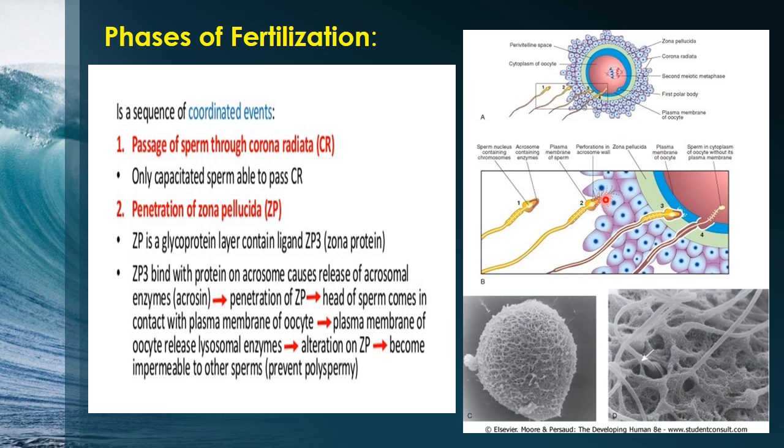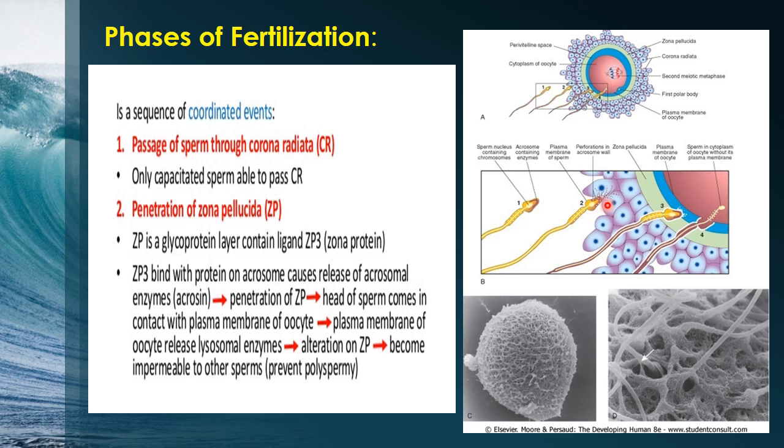Now, when a capacitated sperm comes in contact with the corona radiata cells, there is a release of enzymes from the acrosomal cap, these acrosomal enzymes, and it causes the lysis of the corona radiata cells. These corona radiata cells are dispersed and make a passage for the sperm to reach the zona pellucida.